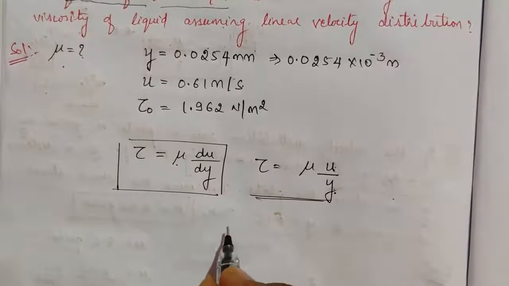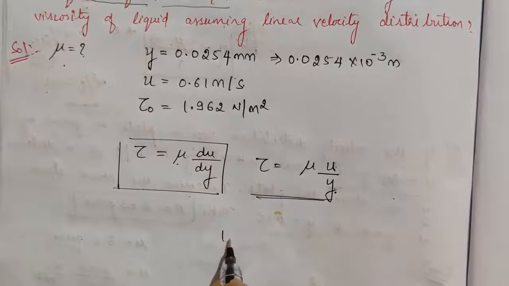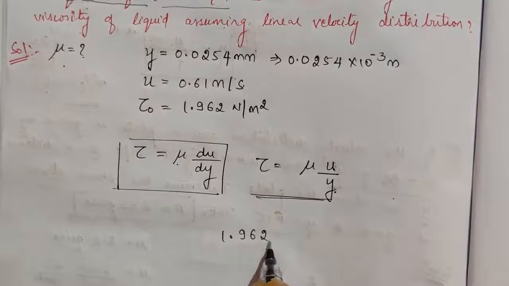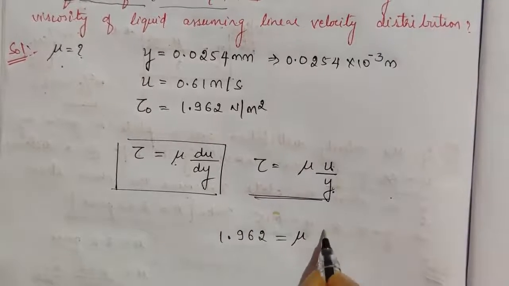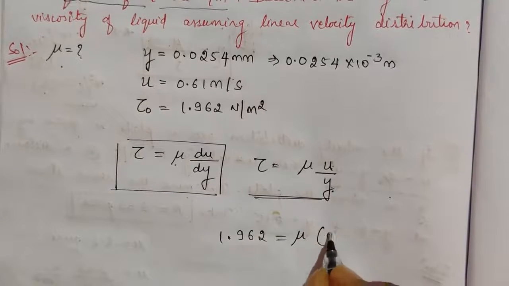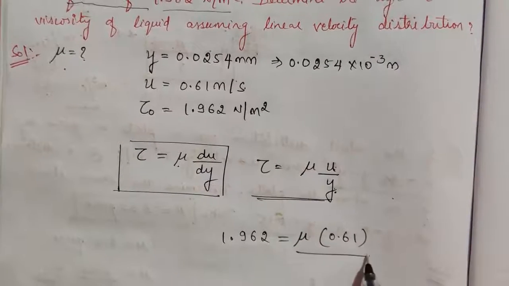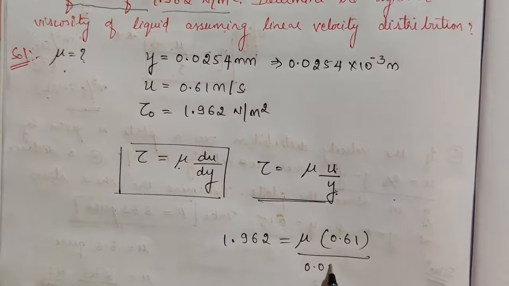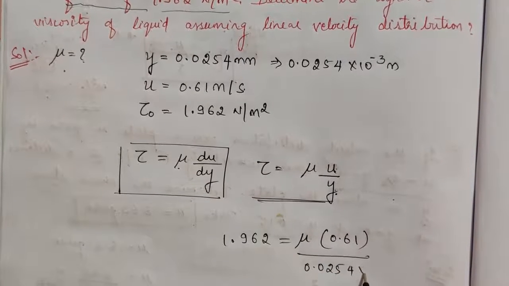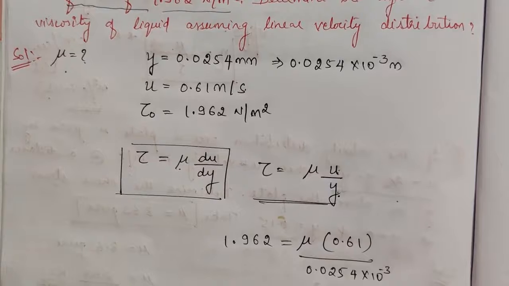So what do we have to find now? Tau they have given, 1.962 is equal to mu. We need to find u, which is 0.61, divided by y, which is 0.0254 into 10 power minus 3.